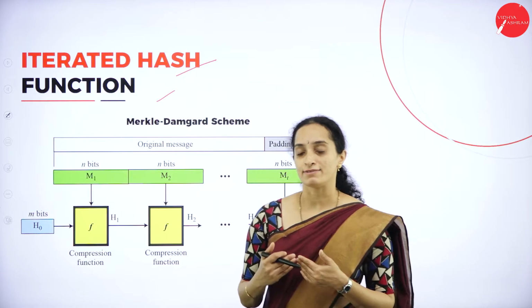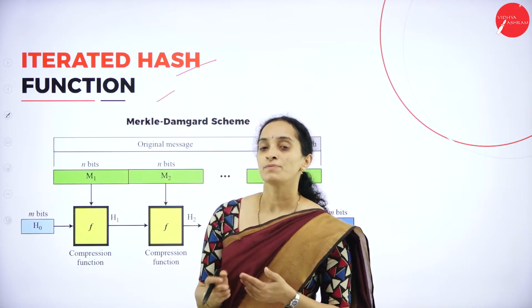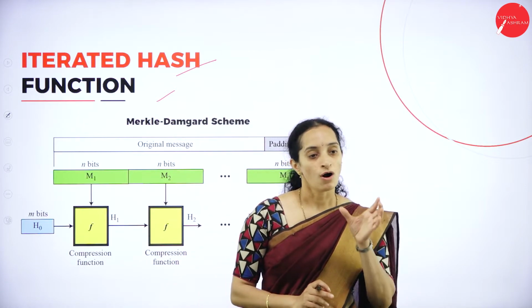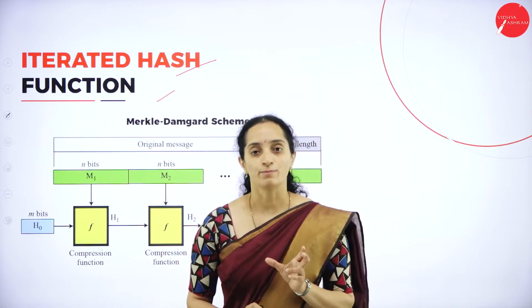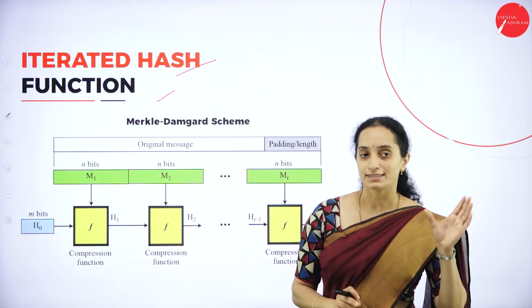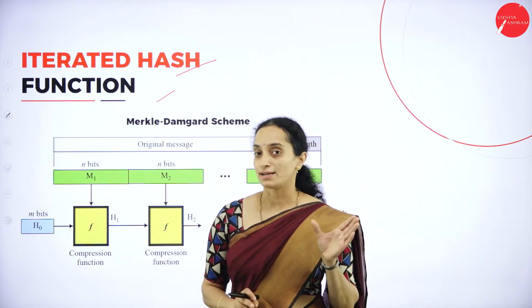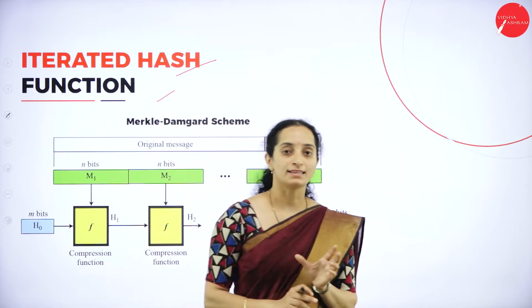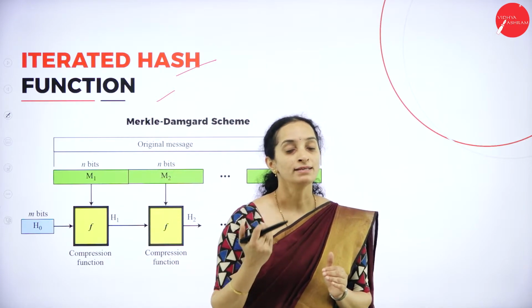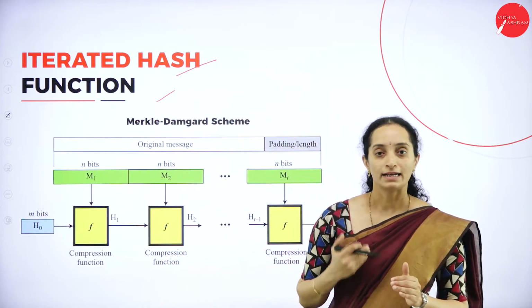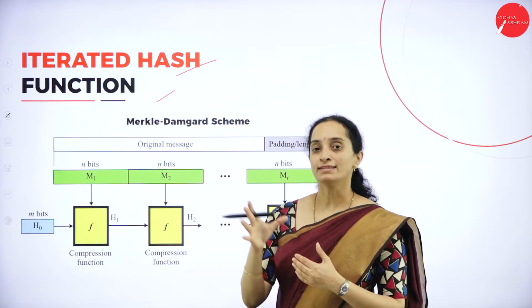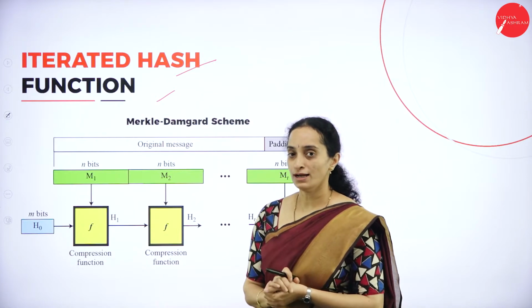Continuously, or iteratively, we are going to use the hash function algorithm on fixed length input, which is more convenient than using the arbitrary length message. We'll use the fixed length input and apply the algorithm iteratively to get the fixed length output for the message.